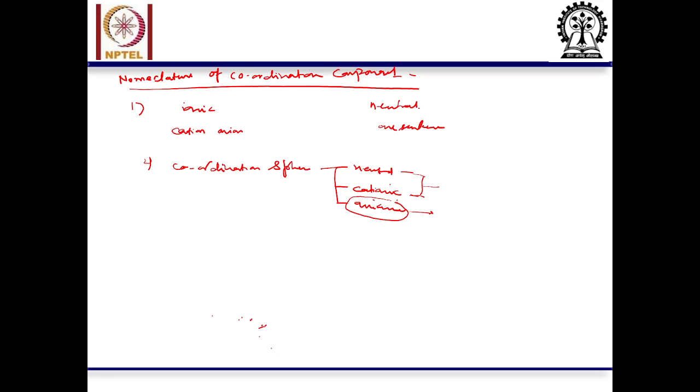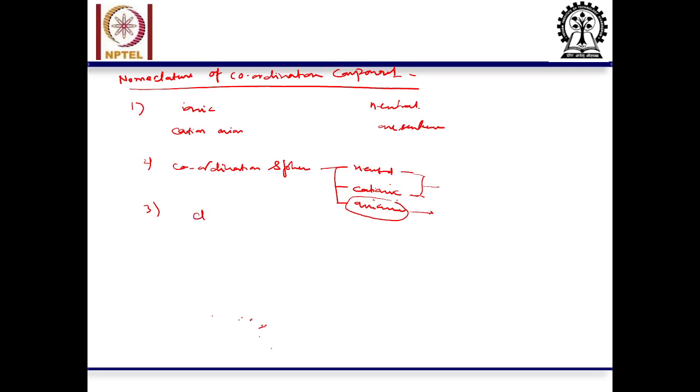Then the next rule. First I will discuss the ligand part in detail. Suppose more than one ligand is bound to the same metal, how will we write the name?